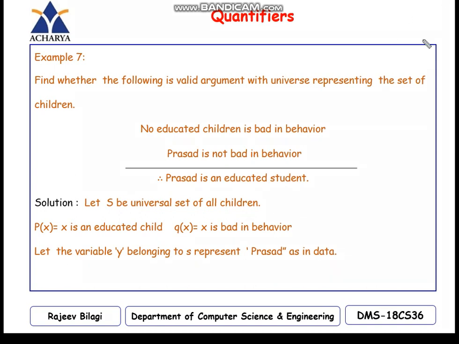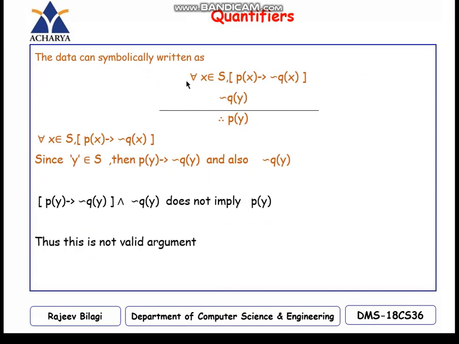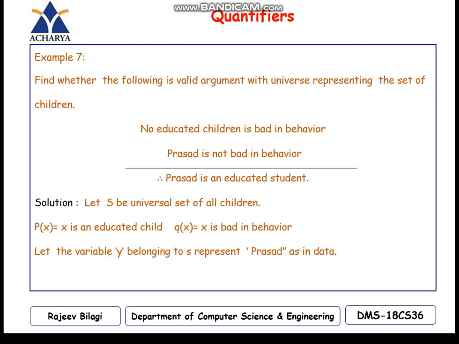Okay, so now I have written for all x, P of x, then negation of Q of x. Now Prasad is not bad in behavior.